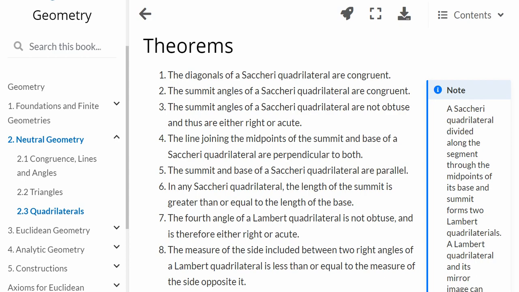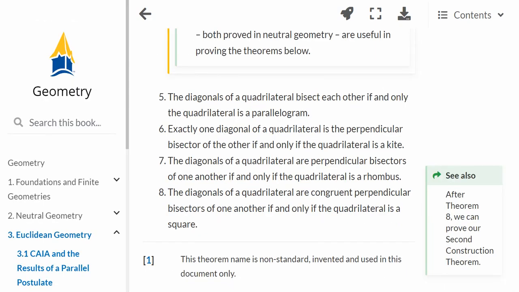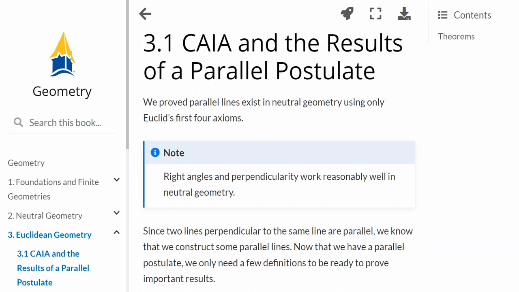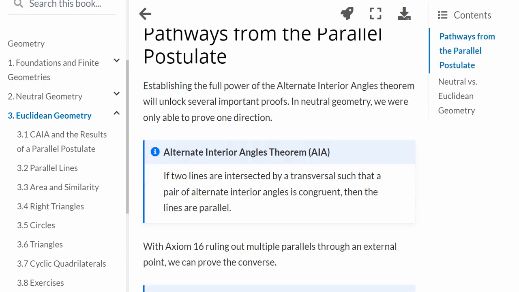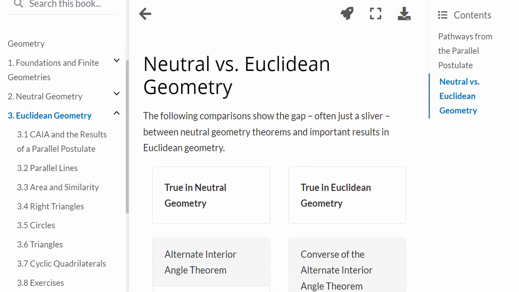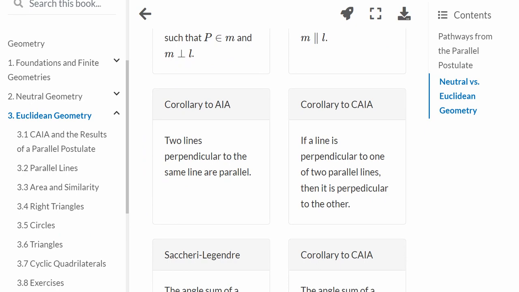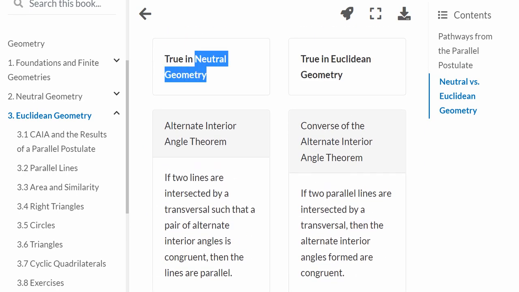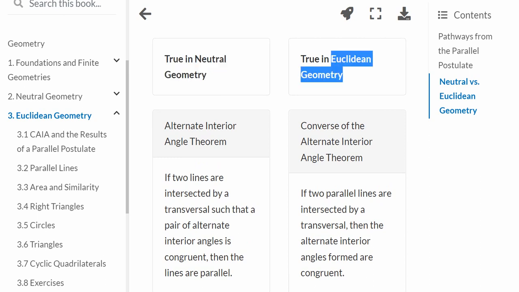So then let's take a look here at section 3.1. Okay, and this picks up the story. Now, we do have more of the story here in Euclidean geometry, and we talk about Bolyai, and there's a nice little chart here about the things that are true in a neutral geometry versus things that are true in Euclidean geometry.